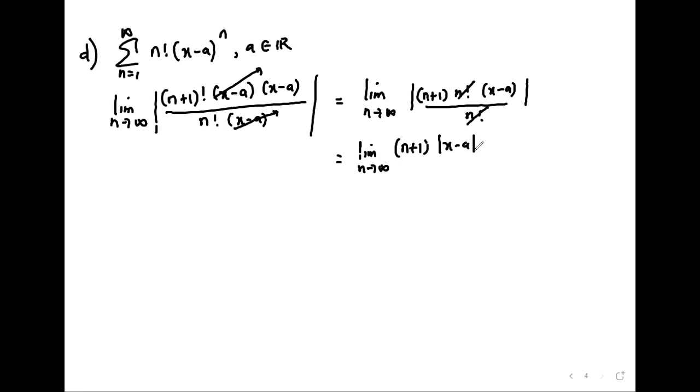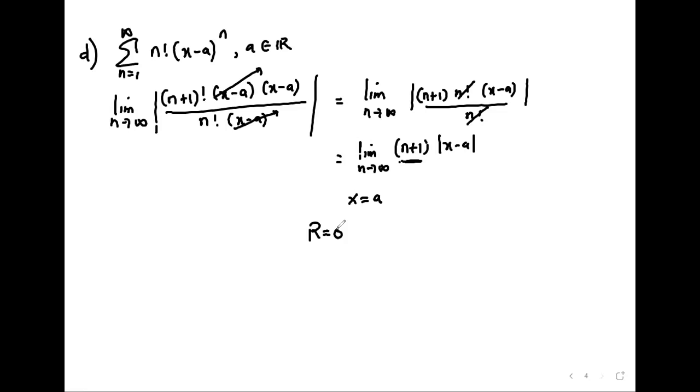So now, what is going to be the radius? It means that this series will not converge for all real x. It does not necessarily converge on an interval, because this one blows to infinity. The limit blows to infinity. So the only time we have convergence here is when x is actually equal to a, and at that point the radius is 0.